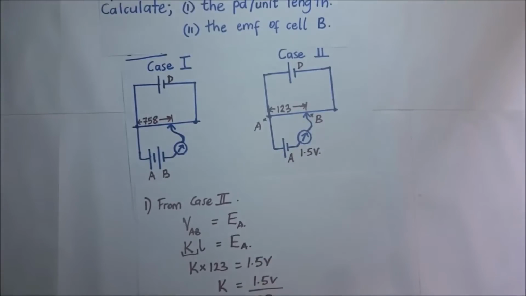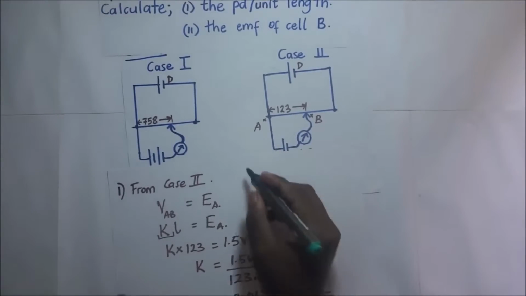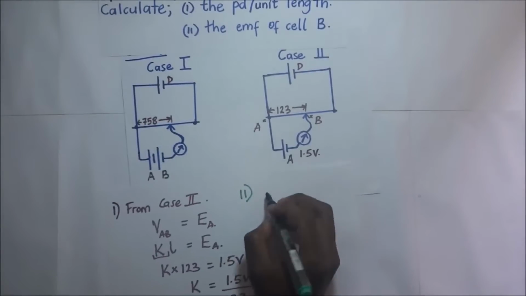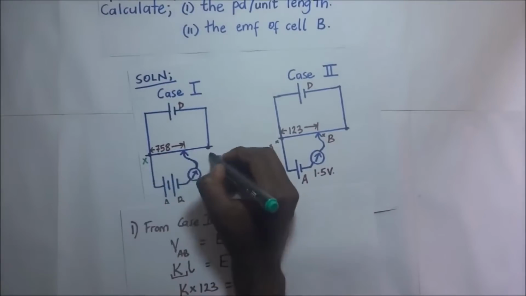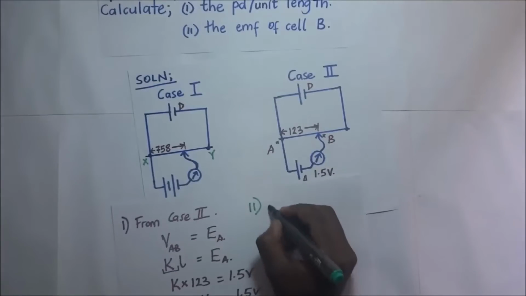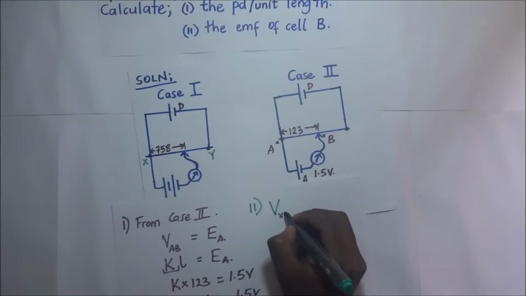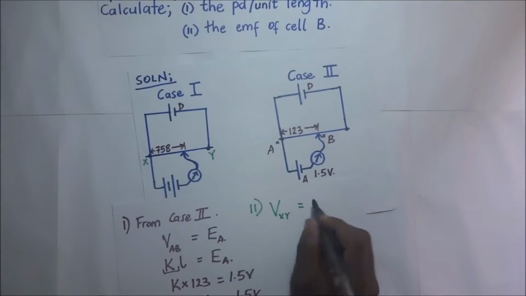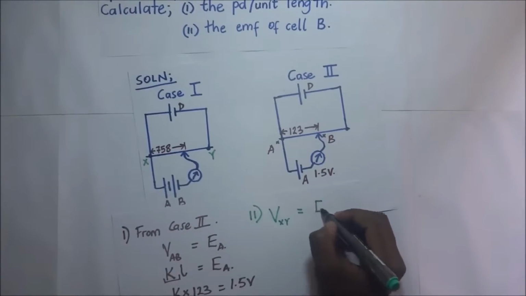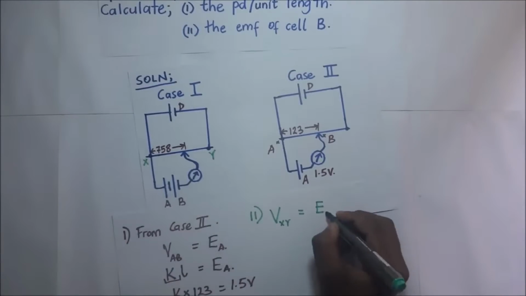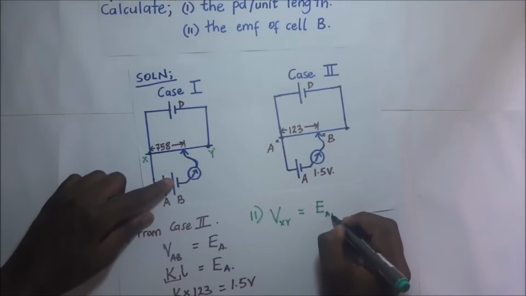So let's call this X and Y. The PD across XY is going to be equal to the total EMF across the combination here of A and B.